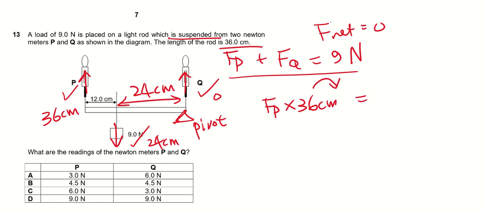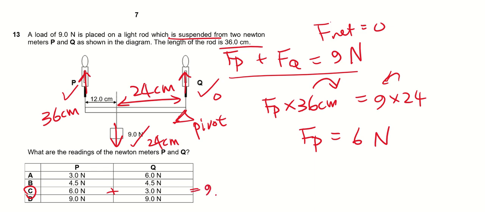Now this 9 Newton times 24 is going to be anti-clockwise, right? And because it's balanced, therefore I can apply the principle of moments, so I will get FP to be equal to 6 Newton. Okay, so answer will be C, and you find that they all add up to be 9 Newton.